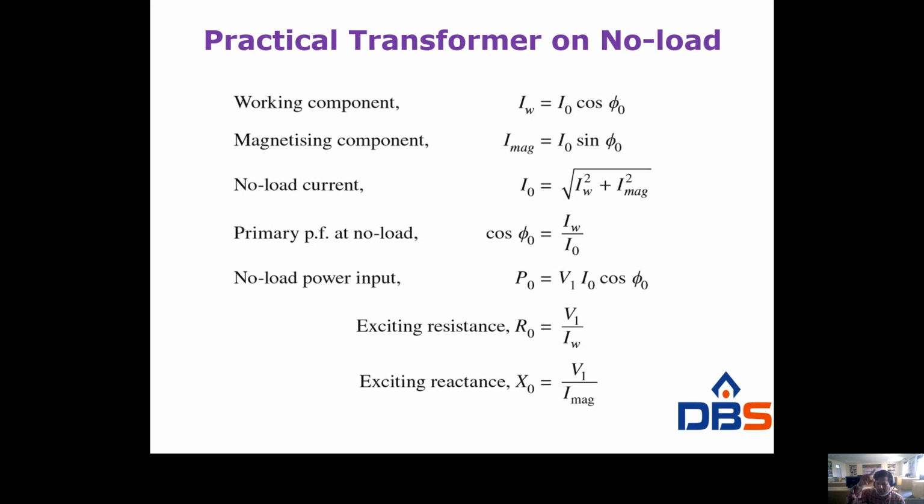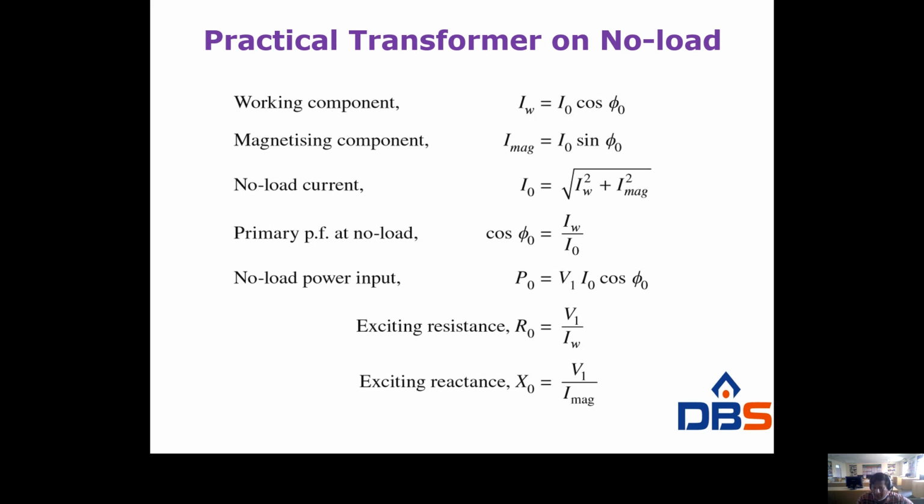V1 is exactly opposite to the induced voltage because of Lenz's law. The no load current is a combination of the active component of current and the magnetizing component of current, that is, I naught is equal to square root of IW square plus Im square. Simply we have to draw the phasor diagram for 2 marks.